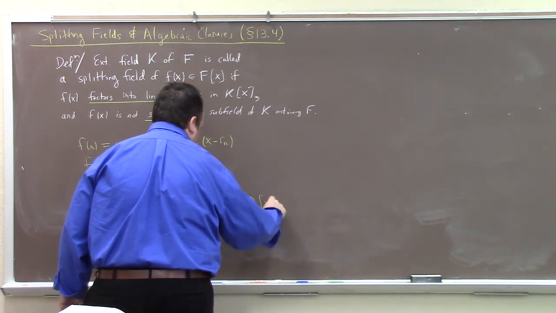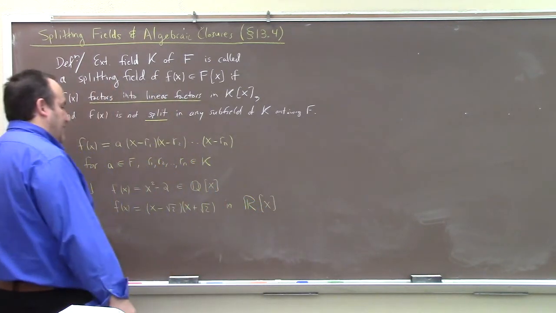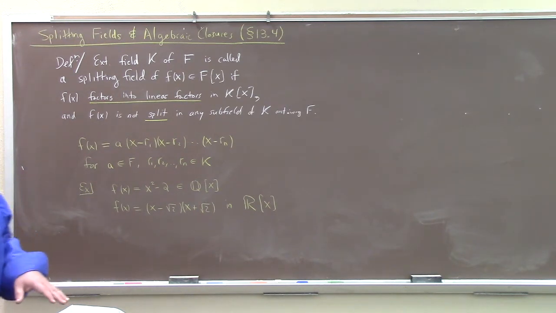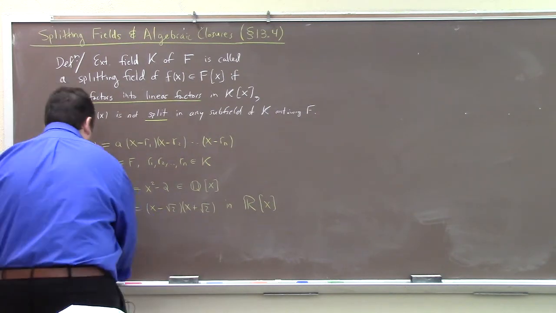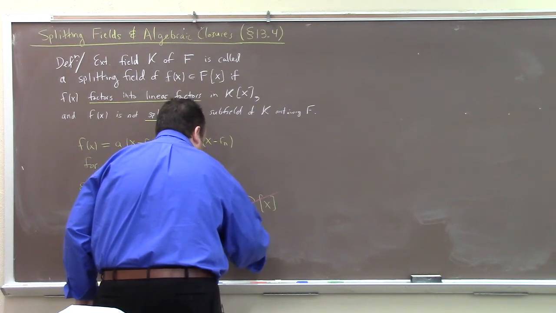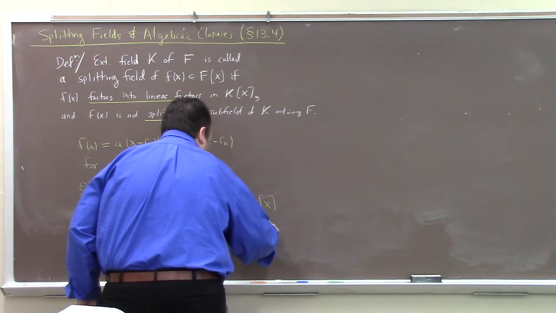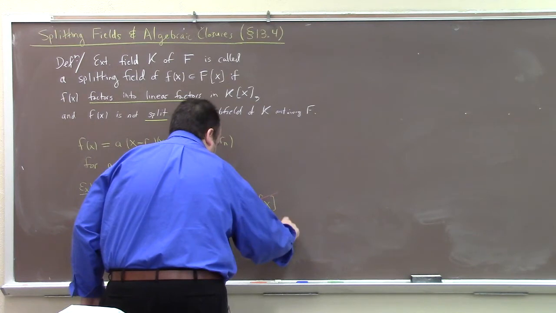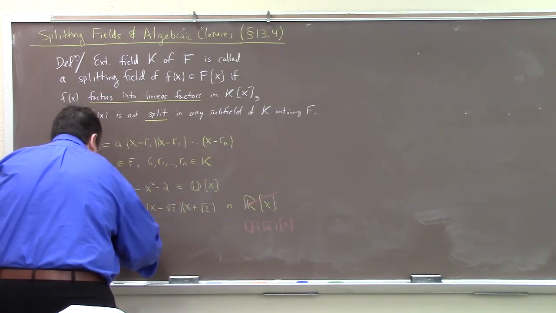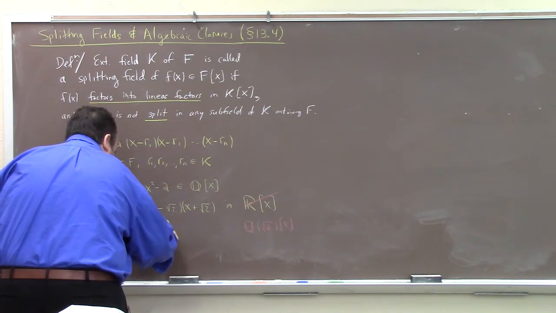If we look at the real numbers, we can factor it, it's split. But the real numbers are not the splitting field because they're needlessly big. You could replace this with just Q adjoin the square root of 2. So the splitting field here is Q adjoin the square root of 2.